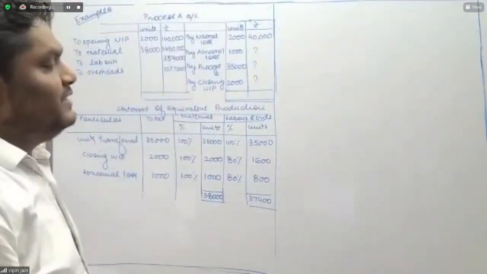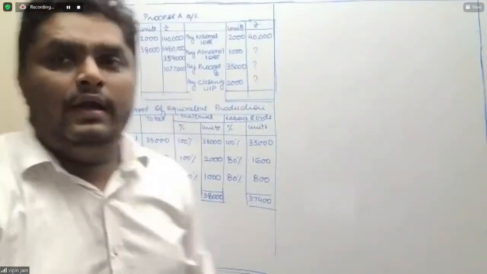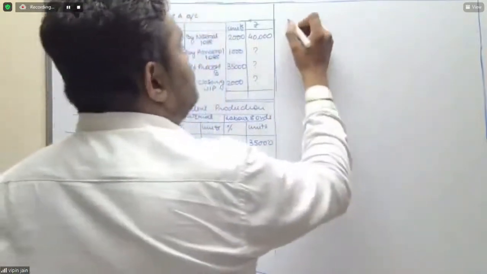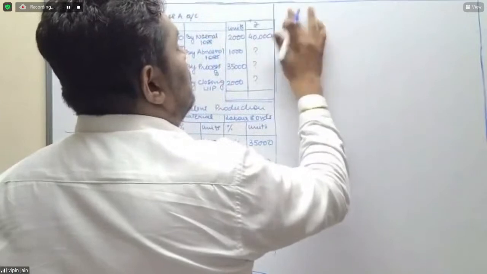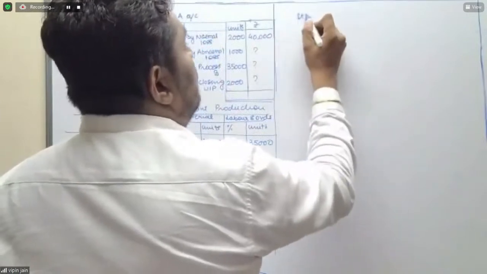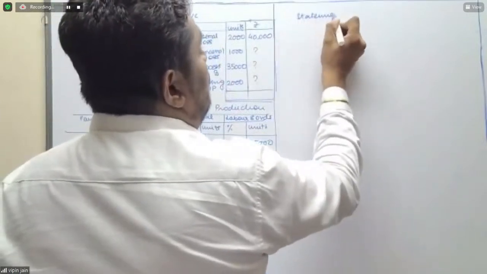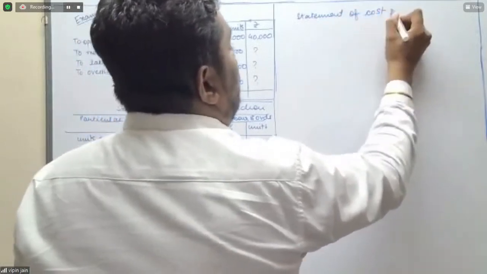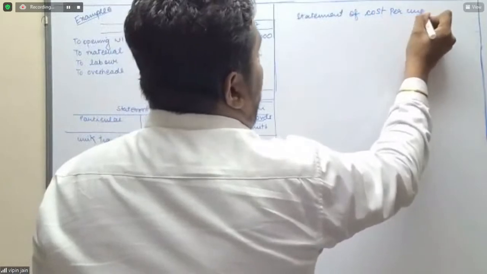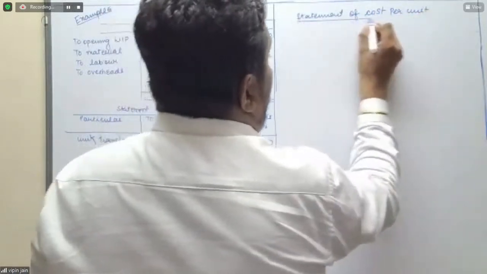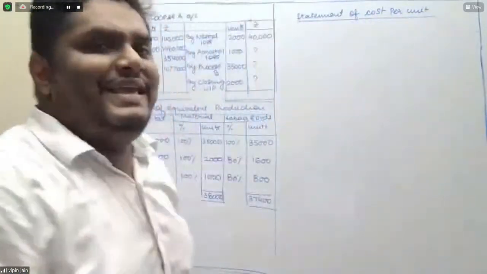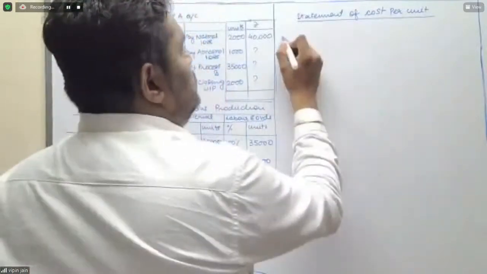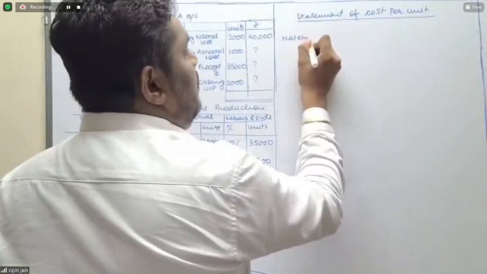So this much about the statement of equivalent number of units. Now we have to calculate the cost per unit also. Now we'll take each and every item one by one, starting with material.